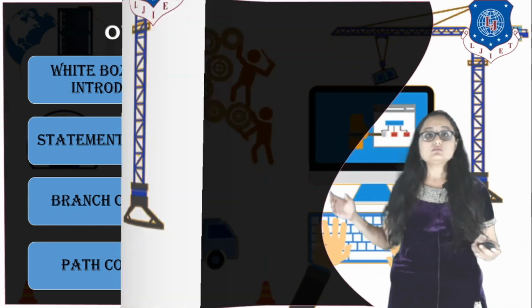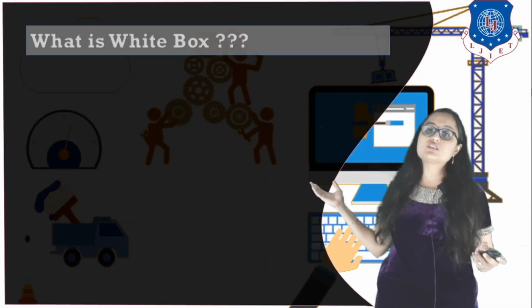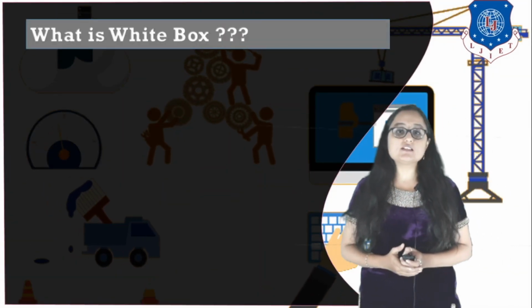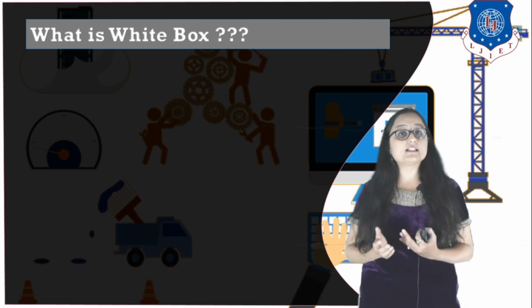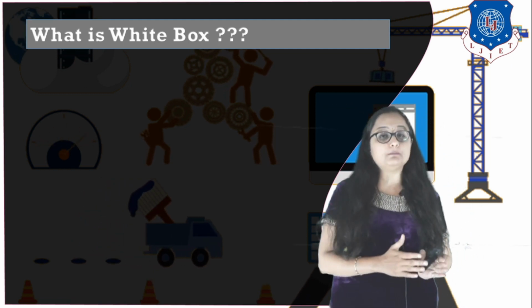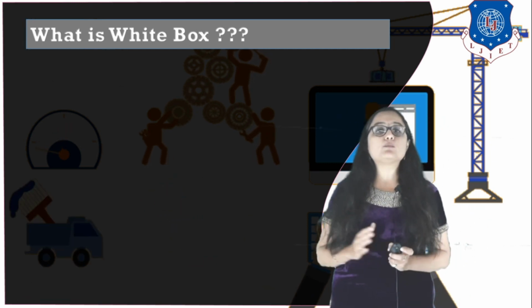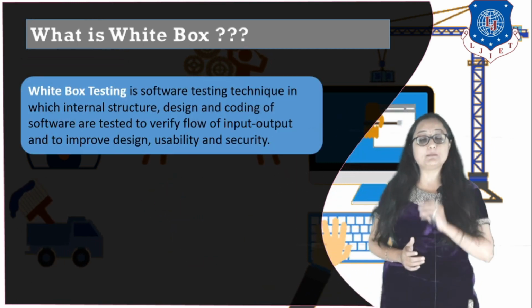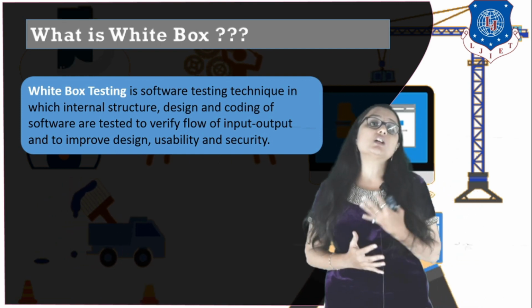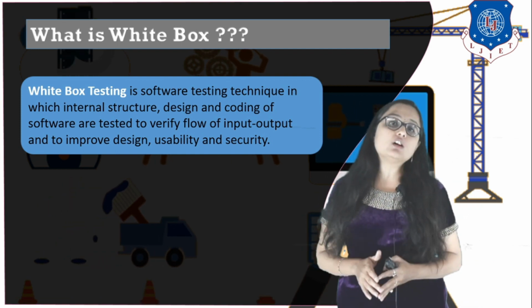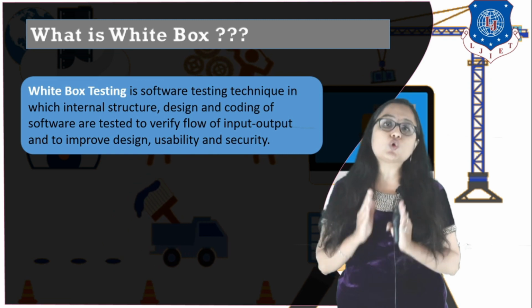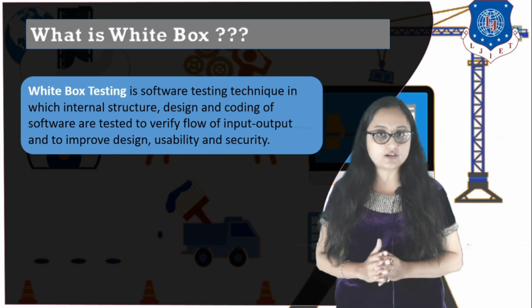Okay. So what do you mean by white box testing? If you recall, in the last lecture I have already discussed in brief the difference between black box testing and white box testing. The basic difference was that black box testing was not concerned about the internal or logic structure or the code of a software, right?